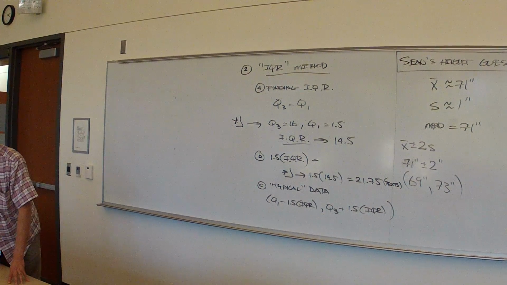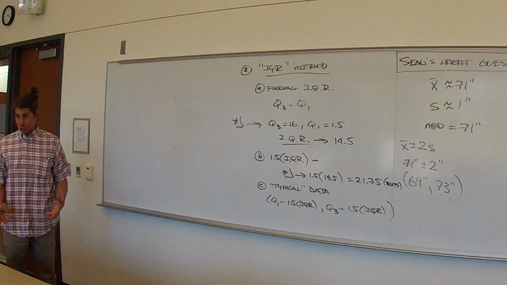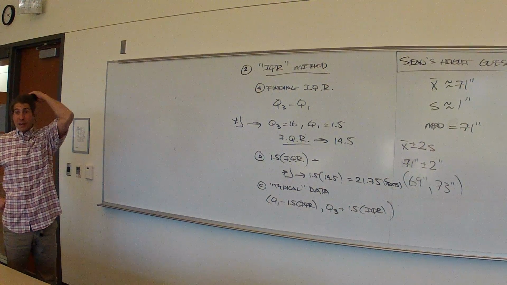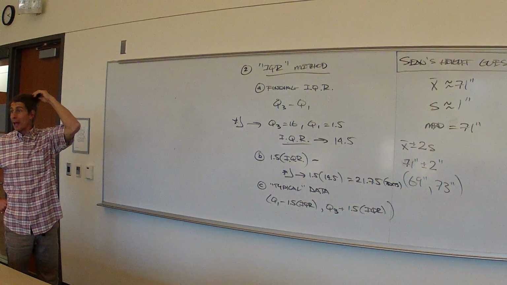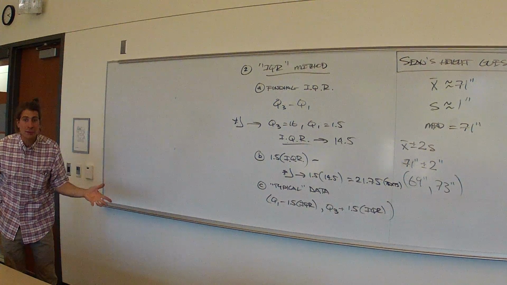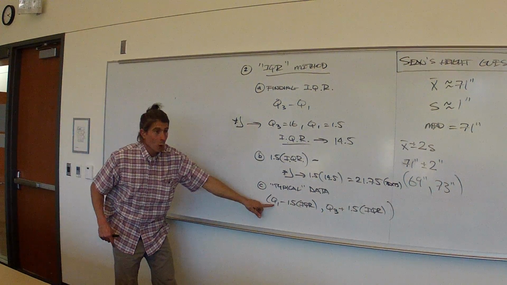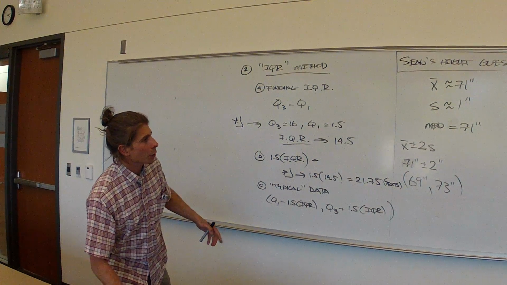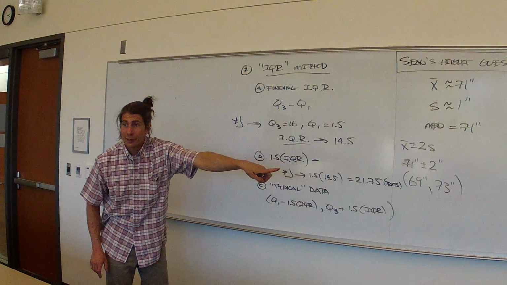So all we've got to do is now add and subtract those numbers and see if any of our data falls outside of that range of typicality. Now, one of those numbers is ridiculous for us. It's negative, right? Our Q1, I forget what it is now. Oh, there it is. Our Q1 is 1.5.